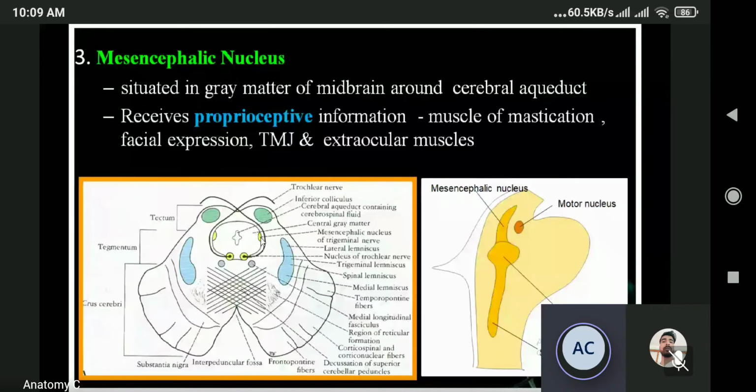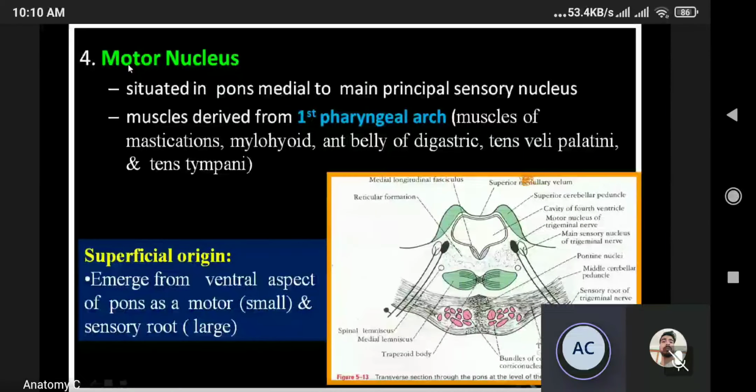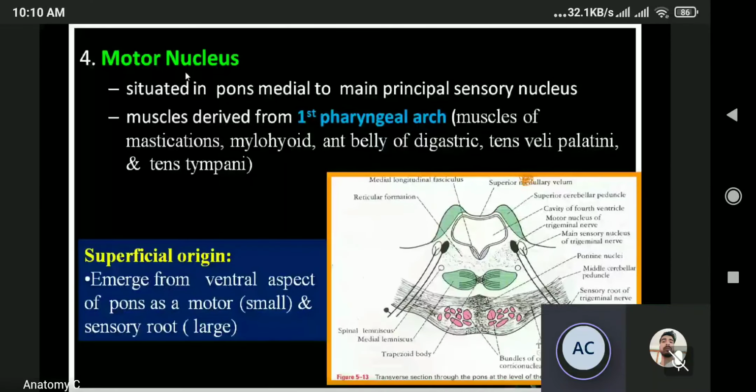The next one is the motor nucleus. See, this one is the motor nucleus over here. The motor nucleus of the trigeminal nerve will supply the muscles of mastication, and it has the functional component special visceral efferent. Now, where is the motor nucleus? It is somewhere over here. Can you see?